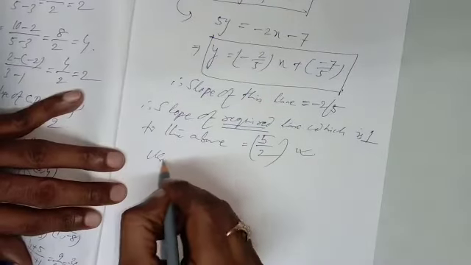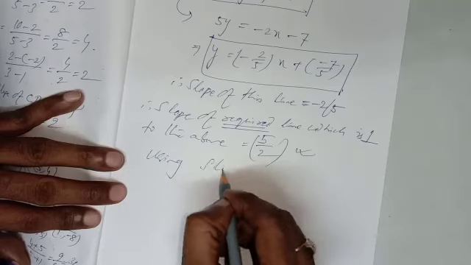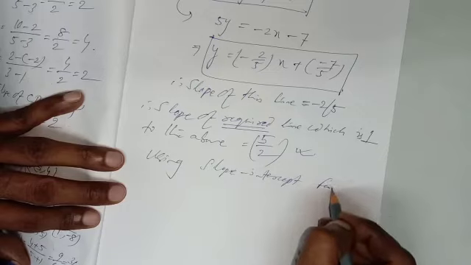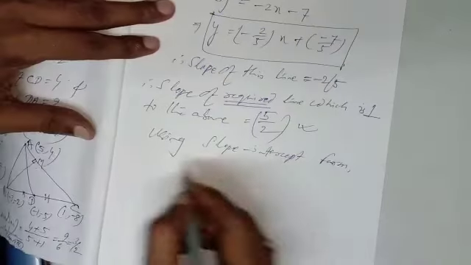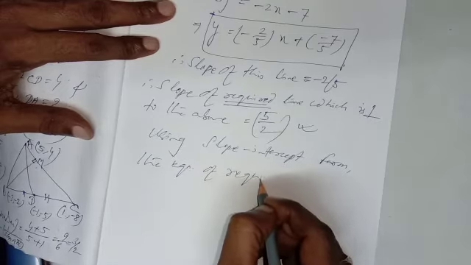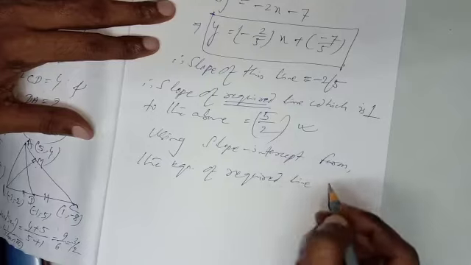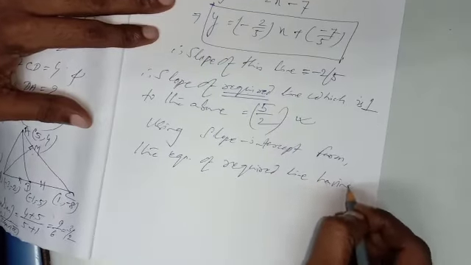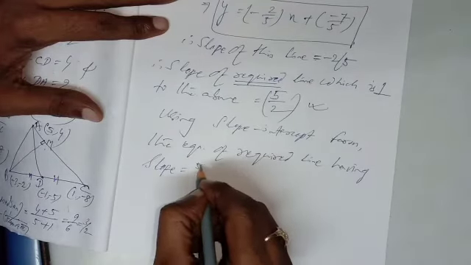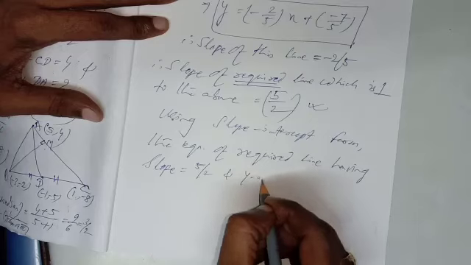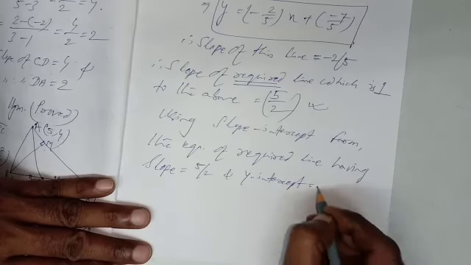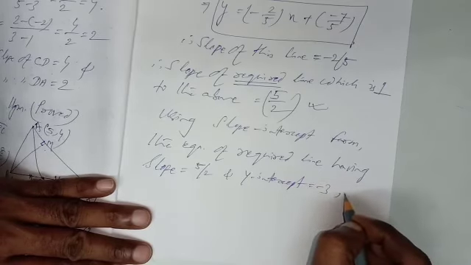So using slope intercept form, the equation of required line having slope equal to 5 by 2 and y-intercept equal to minus 3 will be how much?